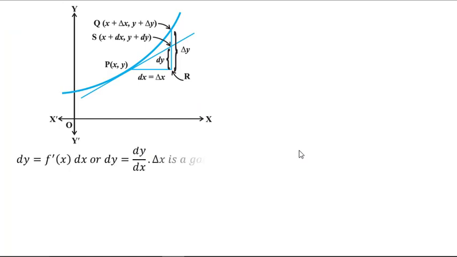Now by derivatives, dy is f dash x into dx, that is dy upon dx is f dash x, that is the derivative, we all know. Now here dx is equal to delta x, that means the change in x is very small. So dy is f dash x dx, or I can say that dy is dy upon dx into delta x.